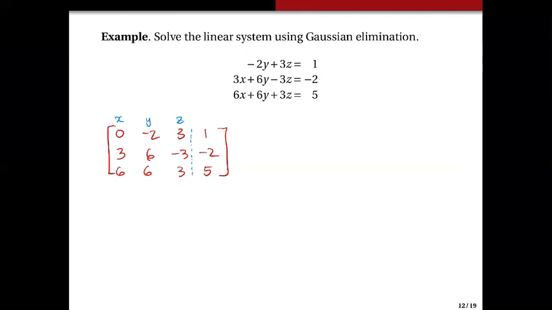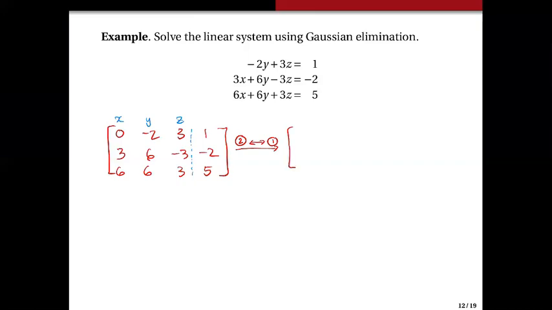So here's what we're gonna do. We choose the second row, and then we interchange it with the first row.